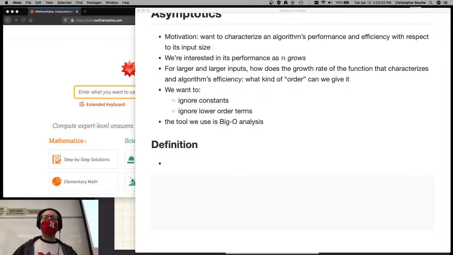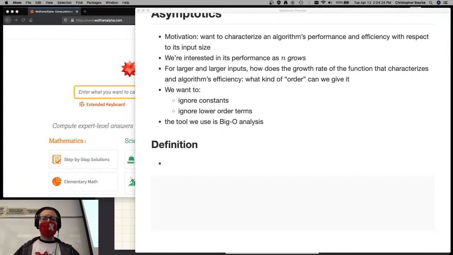Oh, yeah, that sounds like a reasonable tool to use. So this stuff is actually quite old, and it deals with just functions. And in fact, there are a whole collection of asymptotics. There's not just big O omicron. There's little o. There is theta, there is omega and little omega, and a bunch of other things that you can use to characterize the growth rate of functions in calculus. Big O is what we're going to focus on, though. We're going to winnow it down and focus only on this one thing.